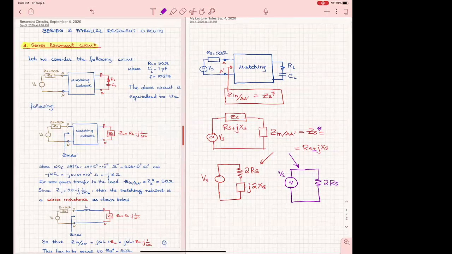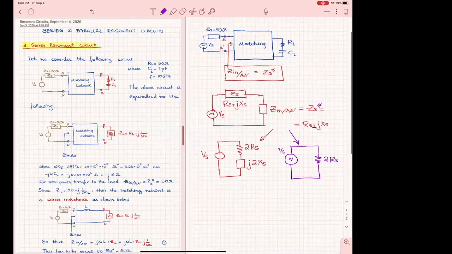So always remember that, for the complex conjugate, extremely important. The complex conjugate will make it so that no waves are reflected back to the source and all power is absorbed in the load element. Exactly.